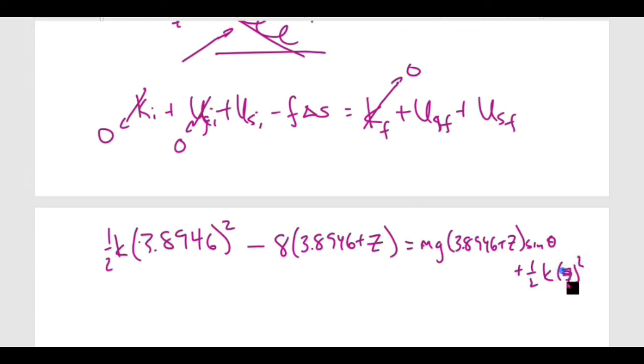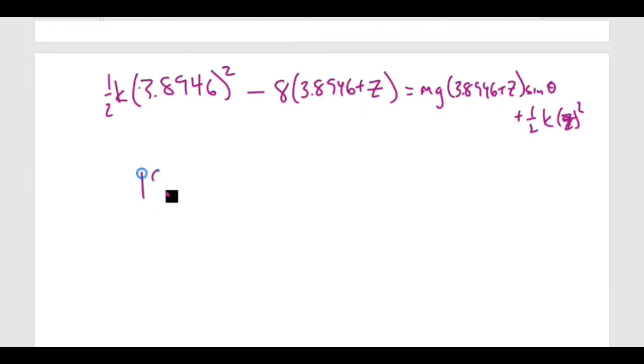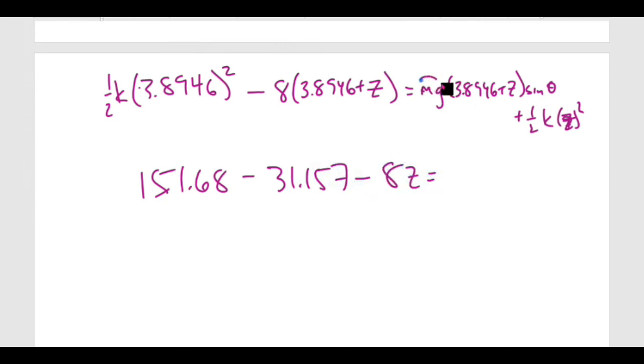Again, we're dealing with a quadratic, and this is 151.68 joules minus 31.157 minus 8z is equal to, that combined is 116.838 plus 30z plus 10z squared.